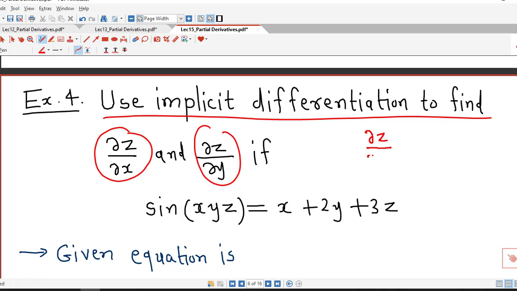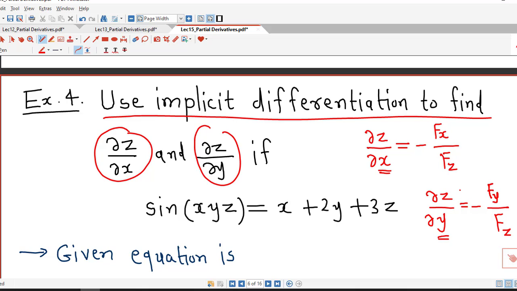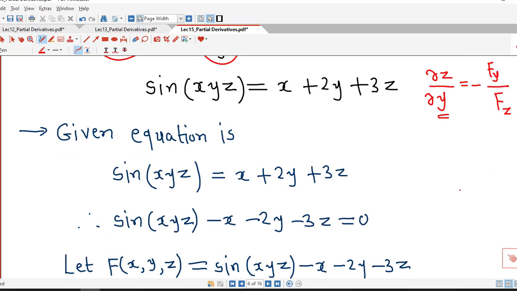For del z by del x, we are interested in the derivatives of z, so we divide by del F by del z, and since the derivative is with respect to x, we consider del F by del x. Here the derivative is with respect to y, so we consider del F by del y.